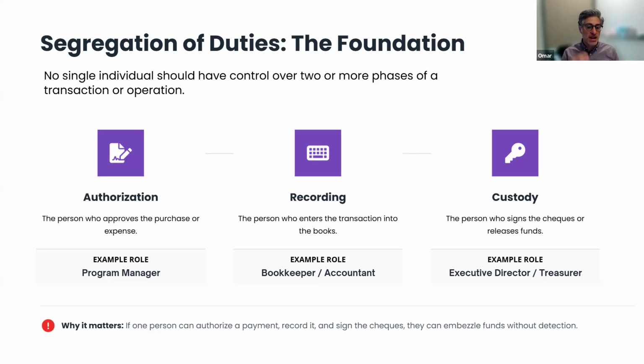So just keep that in mind, these three critical stages. Do you have different people or at least multiple people involved to prevent segregation of duties challenges that could lead to fraud in your organization?